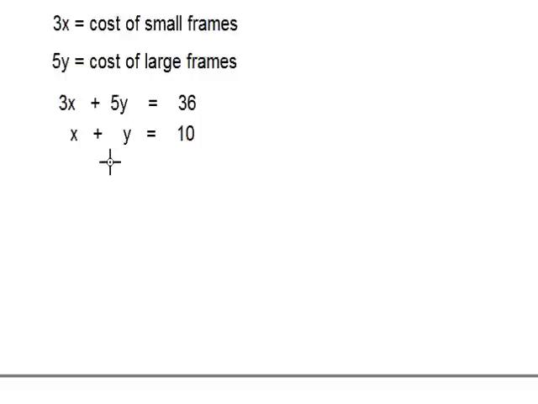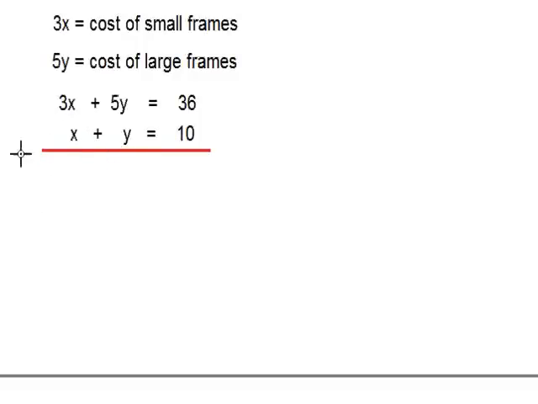I'm going to solve this by elimination, I think, because that's going to be easier here. So I'm going to draw a little line underneath both those, and I'm going to add these 2 equations together and hopefully eliminate something.